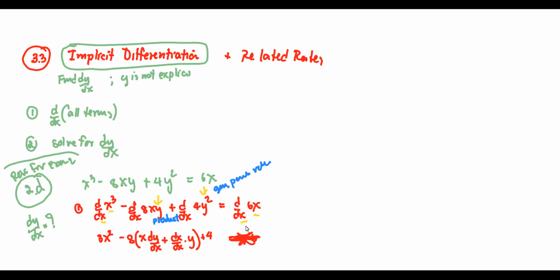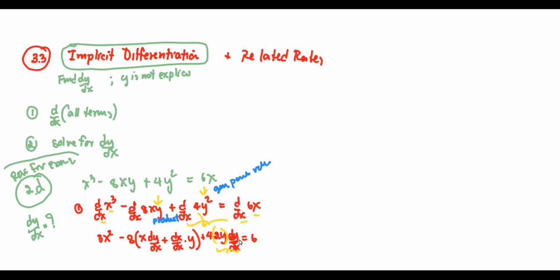So let me see. Undo. Okay, so it's going to be 2 times y times dy by dx, and then equals 6 here. The 4 is from the coefficient, and then 2 times y is from the derivative of y squared, multiplied by dy by dx. This part is from the general power rule.